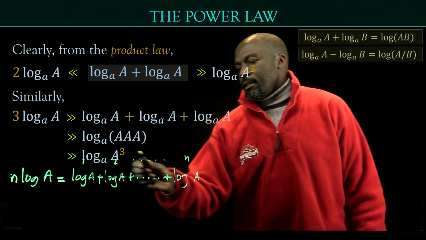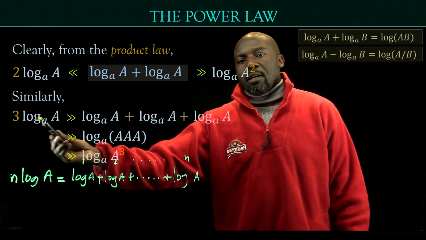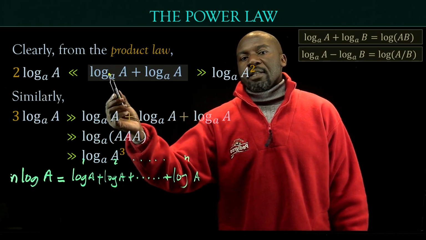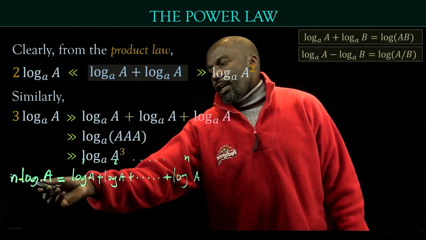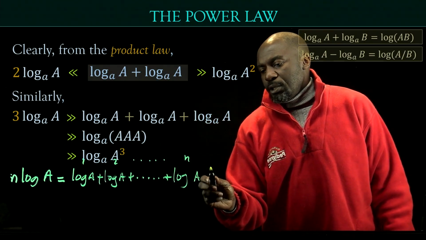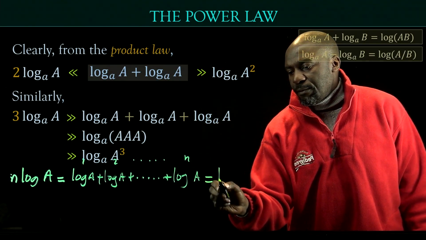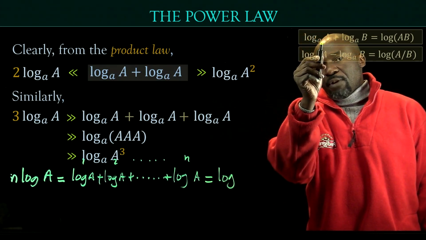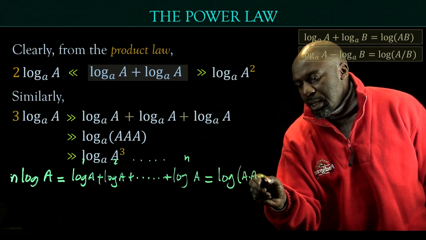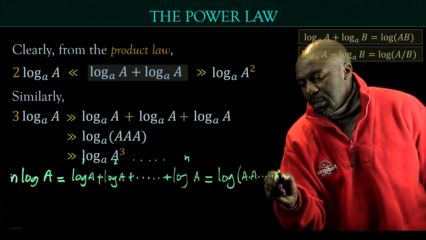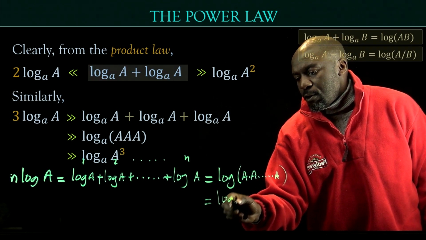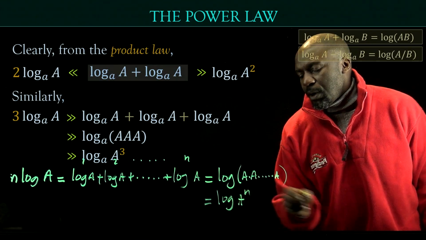So I must add n of them, just in the same way that if this is 3, then I must add 3 of them. Here I can combine all of them using our first law, and I will have log of A times A times, and all of them until I am there. There should be n of them, which I can therefore write as log of A to the power of n.